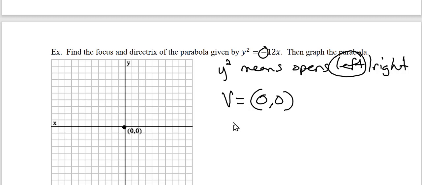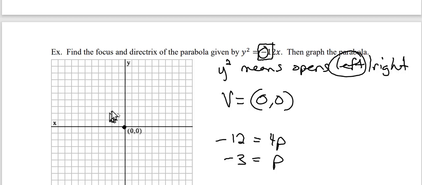That number in front of the x, the negative 12, is equal to 4p, which means p is negative 3. P represents the distance from the vertex to the directrix and to the focus.